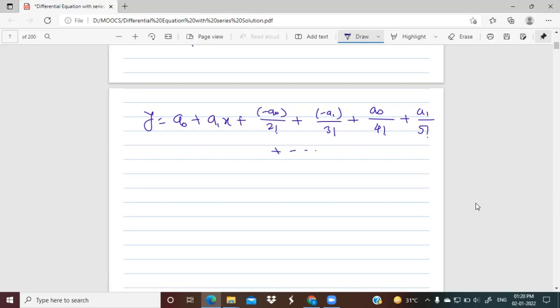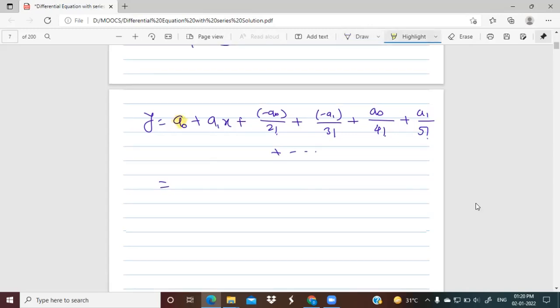We'll write these terms and collect the a0 terms: a0 into 1 minus x square divided by 2 factorial plus x to the 4 divided by 4 factorial.